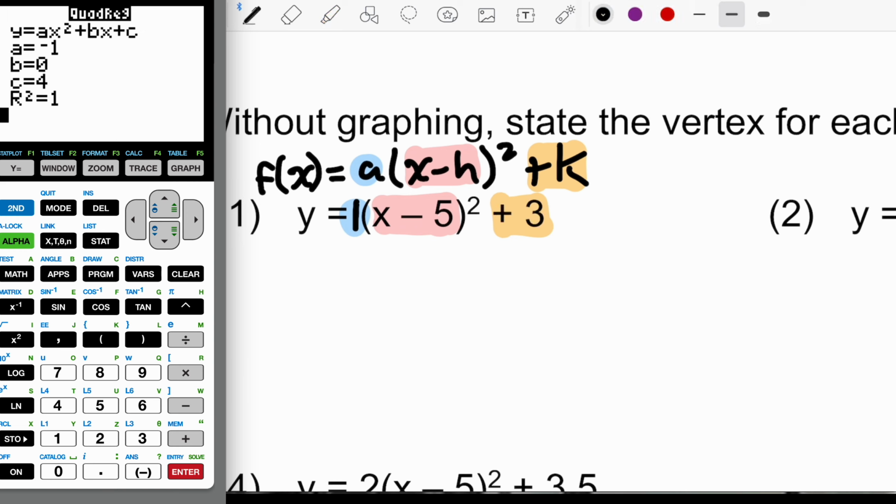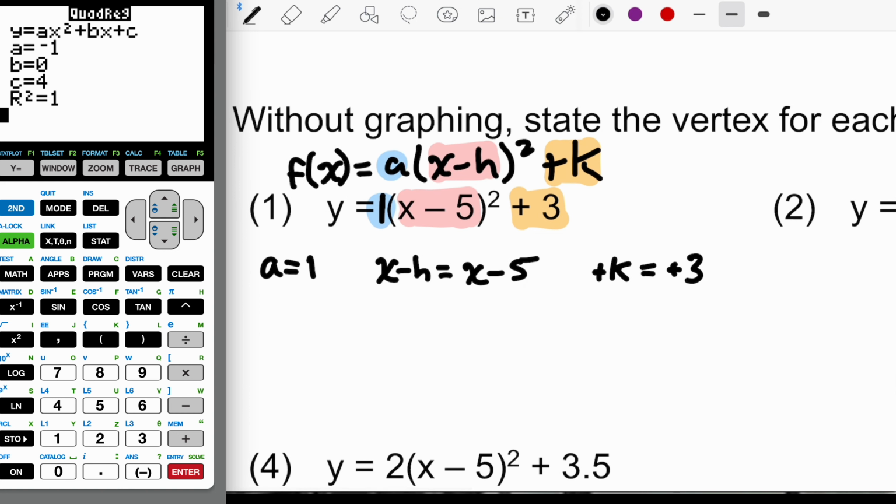So we have 3 equations: a equals 1, x minus h is equal to x minus 5, and positive k is equal to positive 3. Some of this has a little unnecessary fluff. For example, positive k equals positive 3, you can just write as k equals 3.